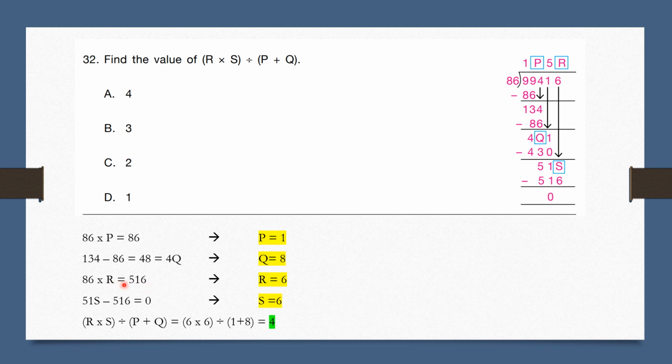So R is 516 divided by 86, which is 6. So now we have all the values P, Q, R, S. So let's calculate this. R times S is 36 divided by P plus Q, which is 1 plus 8, so 9. So 36 divided by 9 equals 4. So our answer is option A, 4.